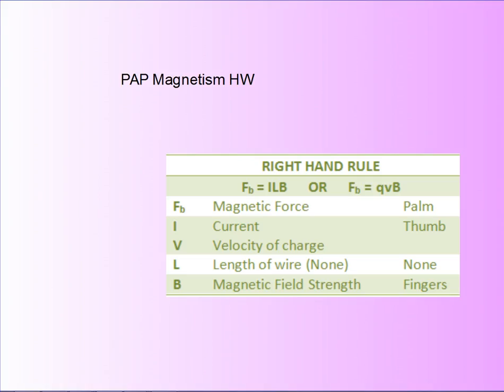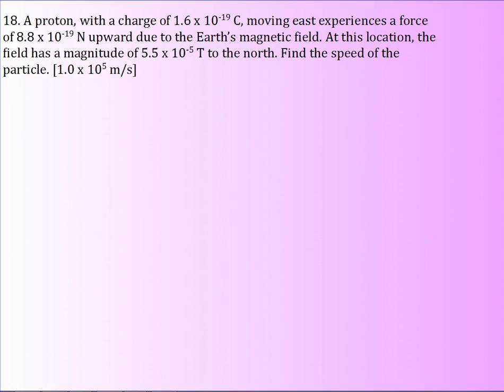Let's try one. A proton, okay, protons are positive, of charge 1.6 times 10 to the negative 19 coulombs. This is our charge Q. Is moving east. Okay, so I'm going to start here with the velocity going east. Experiences a force, F, of 8.8 times 10 to the negative 19 newtons upward.